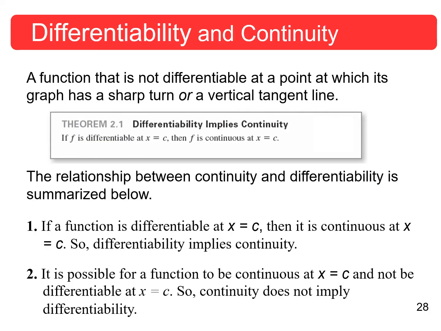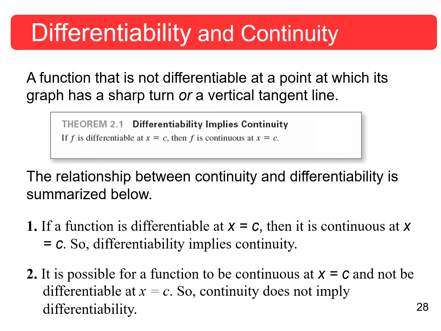Now, in our previous example, we have shown that a function is not differentiable at a point at which its graph has a sharp turn or a vertical tangent line. Also, differentiability implies continuity, and it is formally stated in Theorem 2.1. If f is differentiable at x equals c, then f is continuous at x equals c.